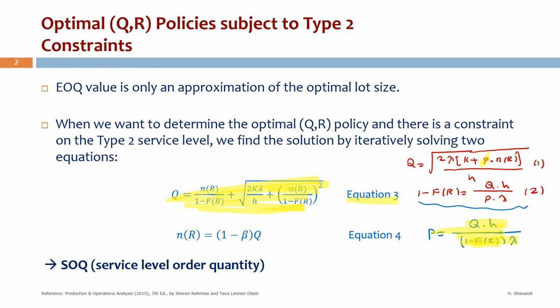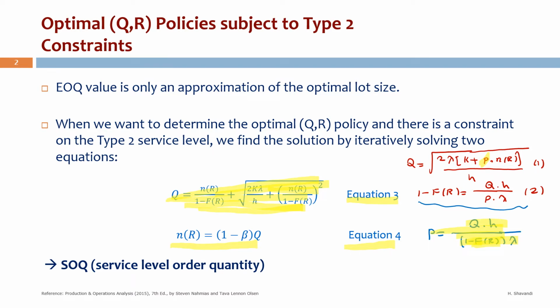And since we are considering type 2 service level, we have beta, so we can have this equation as our equation number 4. NR should be equal to 1 minus beta times Q. By having these two equations, we can do the same procedure like the QR in the previous section.